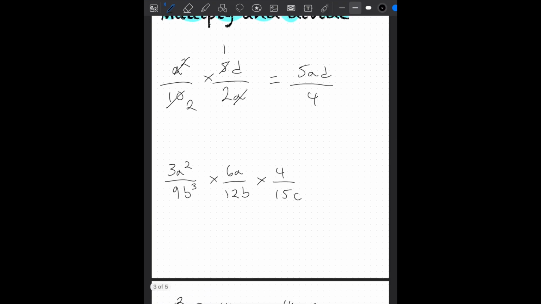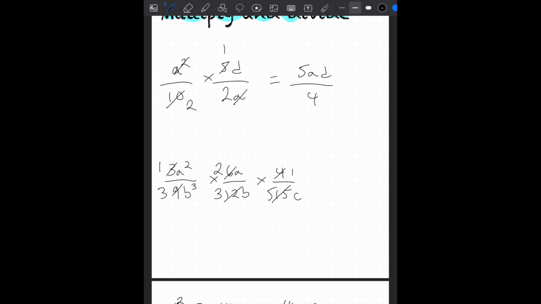And then now in this one, 3 and 9 can be simplified to 1 over 3. We have 4 and 12 can be simplified to 3, 1. And then 6 can be broken down into, we can take out a 3, so 2, 5. Now just combine everything.